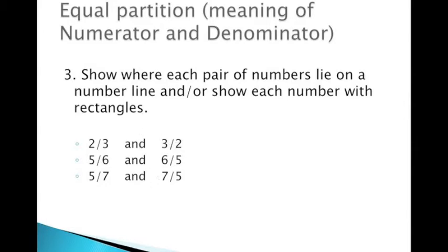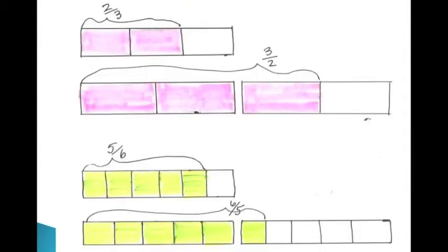The first one is partitioned into thirds, 2/3. The second one is partitioned into 3/2. So I have an example of here's 2/3 and here's 3/2. And you can see how the rectangles are easy to look at, to see parts, way easier than pizzas.